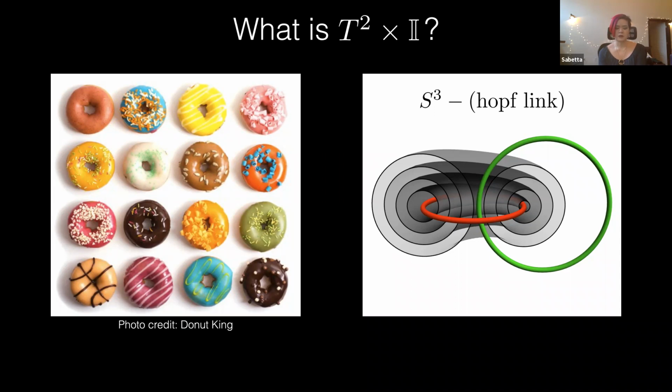So the Hopf link is this linked combination of circles, and what happens is that if you imagine I remove the stuff in red and the stuff in green.